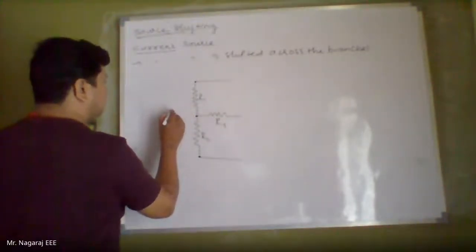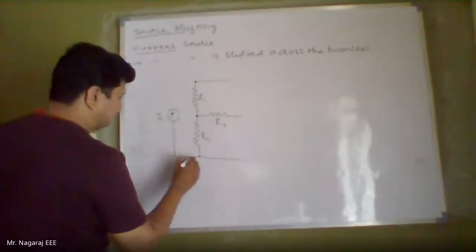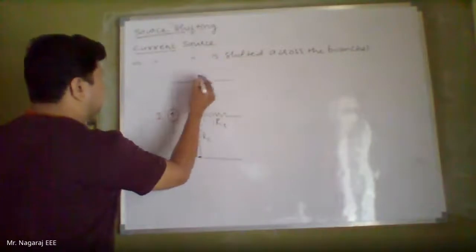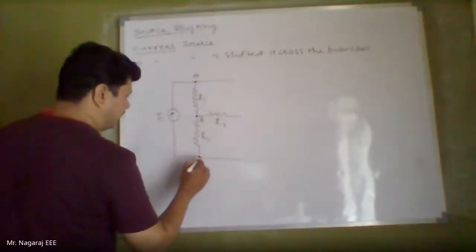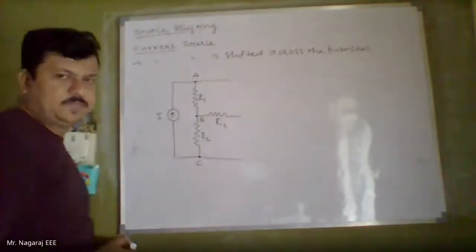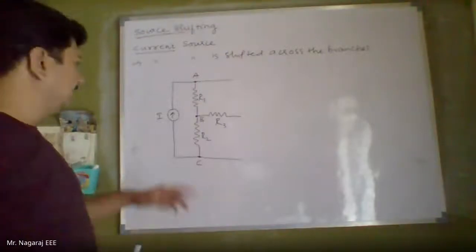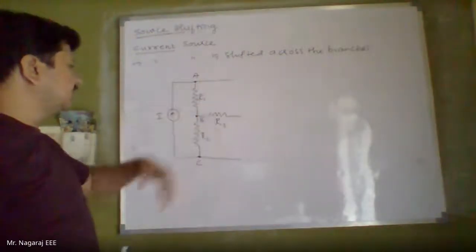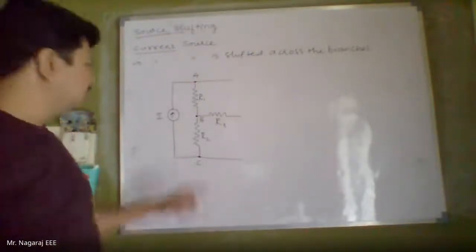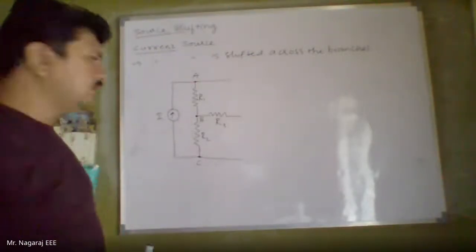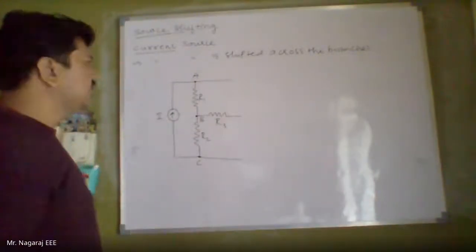I have a current source of I amperes. Let us take these as node A, node B, and node C. I have three resistors R1, R2, R3, such that these three resistors are meeting at a point to form node B. Now I want to shift this source of current I amperes across the branches.